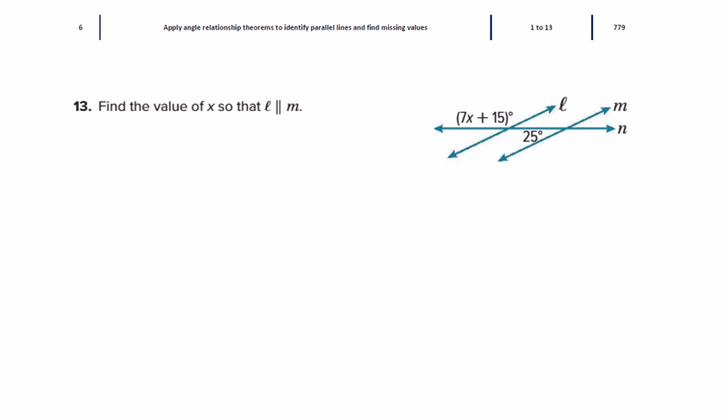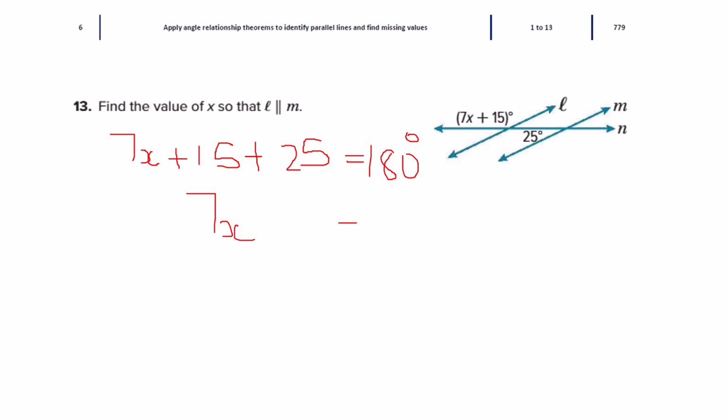So very quickly, let's solve this example. 7x plus 15 plus 25 is equal to 180 degrees. 7x on the left hand side of the equal sign, onto the right hand side 180, and we are going to subtract 15 degrees plus 25 degrees.